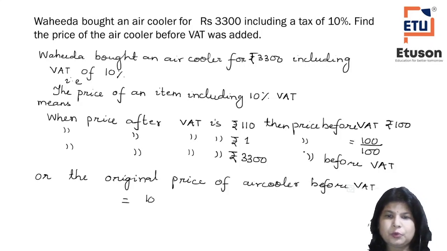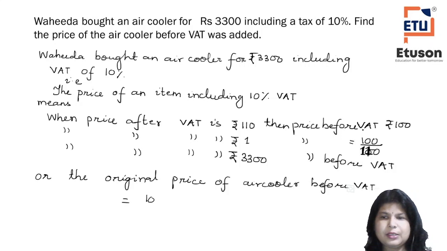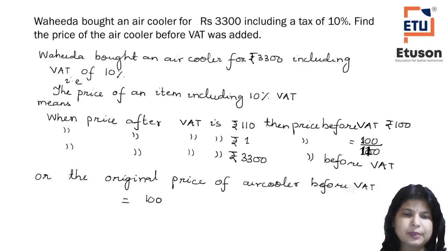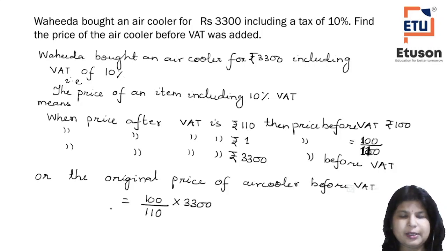Oh, here by mistake I have written 100, it should be 100 divided by 110. Okay, so it was just a writing mistake. So we'll take 100 divided by 110 into 3300.